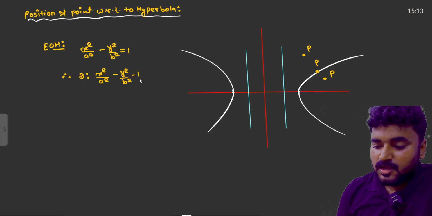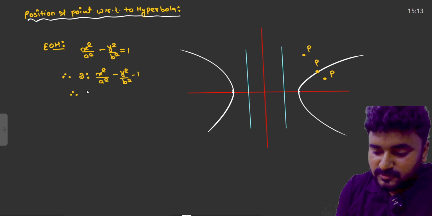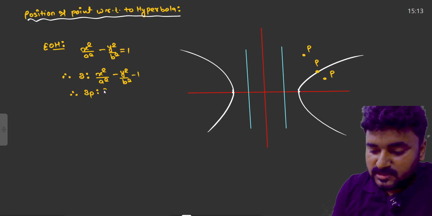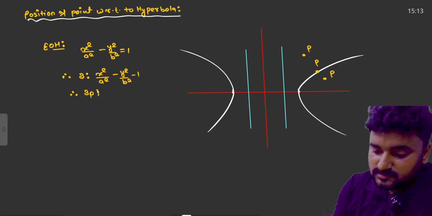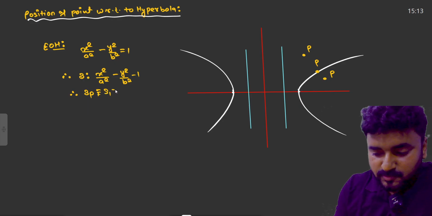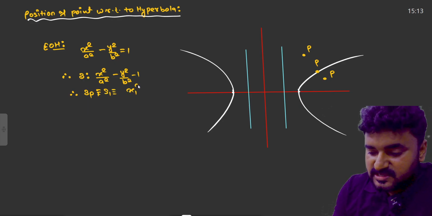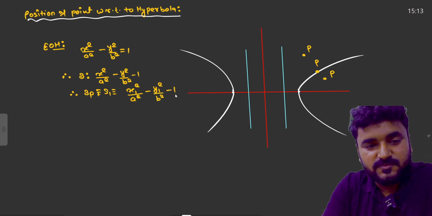After that I am going to put this point as P. Or this one you can also write as S1, no problem. So this is x1²/a² minus y1²/b² minus 1. This is my S1 value.